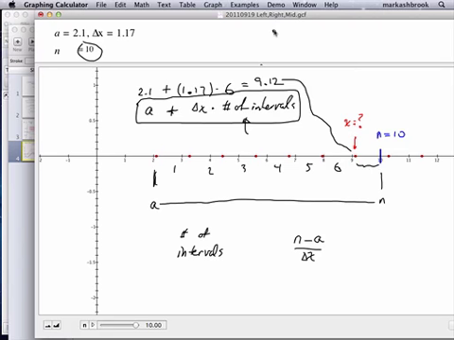So for this particular example, what is n minus a over delta x? 10 minus 2.1 over 1.17. What is it? 6 point? Tell me? 7.5. So what's that saying?